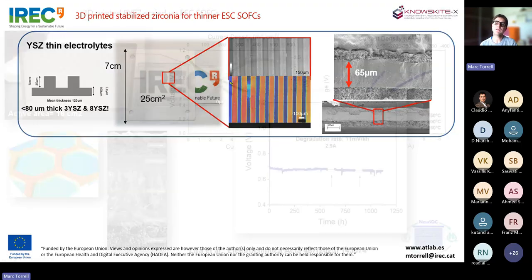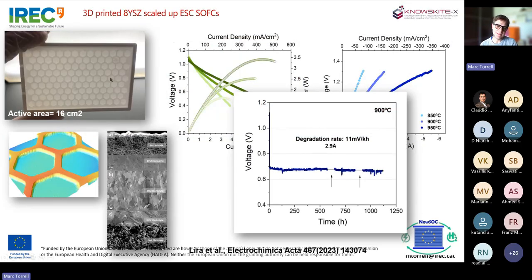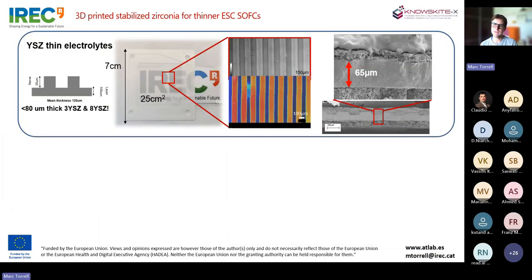So one of the limiting factors clearly was the thickness of these electrolytes that we print. So one of our focuses has been the reduction of this thickness and trying to put it on a larger scale cell.